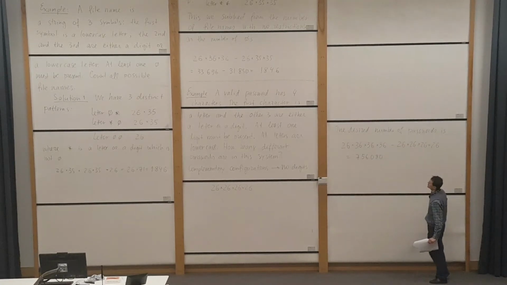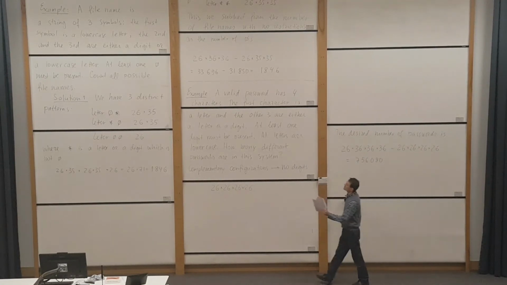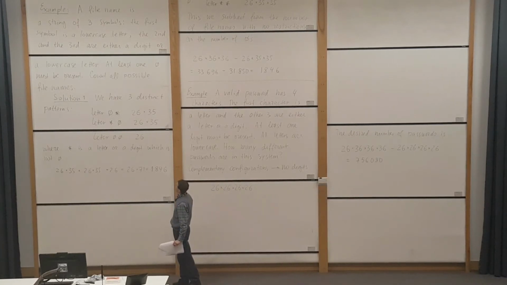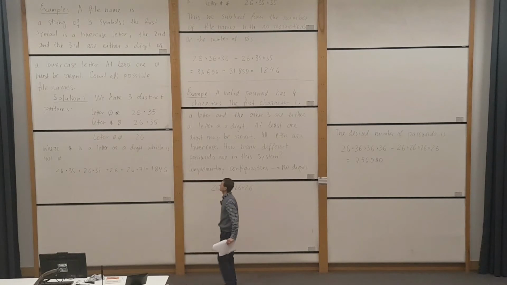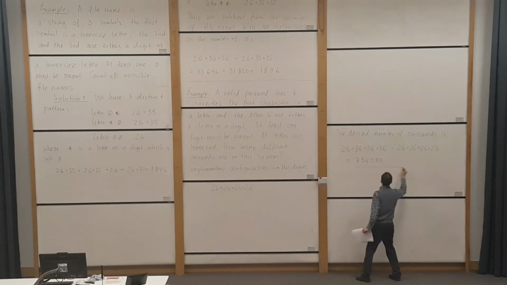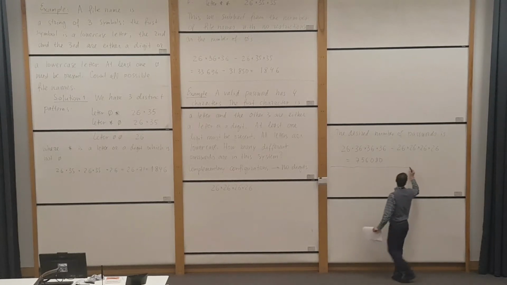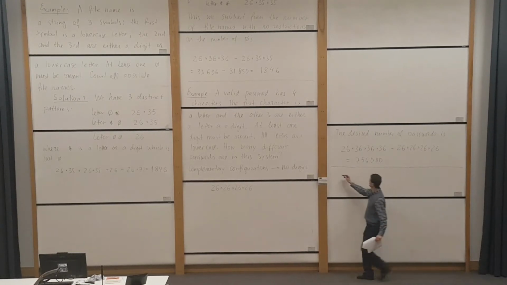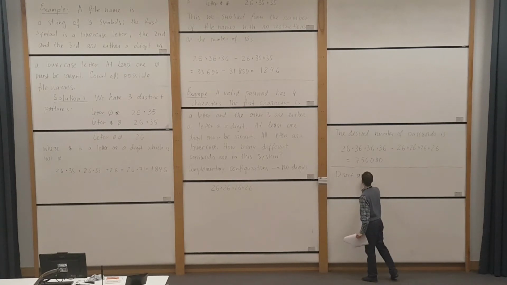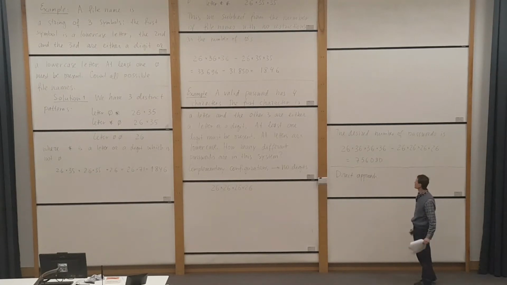So it's a rather compact solution using this idea. If you were to do it similarly to the previous problem in the direct approach, then you would have to look at all possible patterns. So this is the solution finished. I'm just commenting on the direct approach. I'm not going to do it in full detail, just to give you a flavor of how it would look. So I would look at all possible patterns.